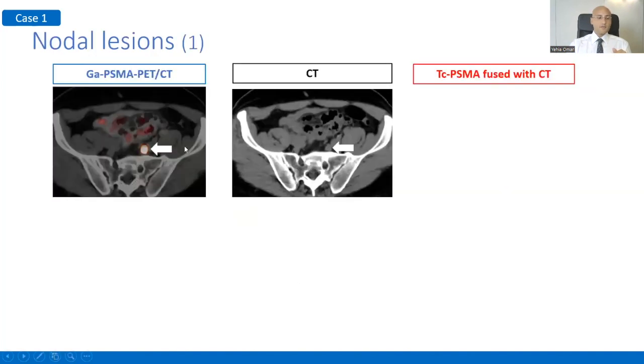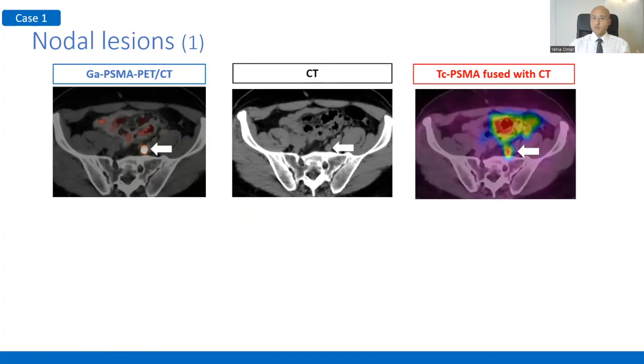So we can see here a PSMA avid pre-sacral or left external iliac lymph node, and here it is in the CT, almost around 10 millimeters. And when we see the technetium scan fused with the CT, we also clearly see the lymph node.